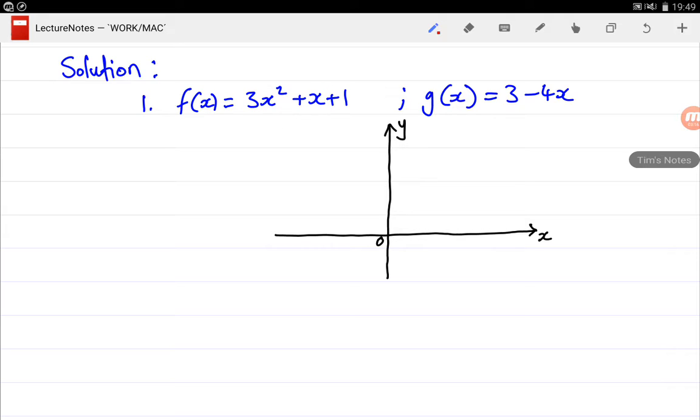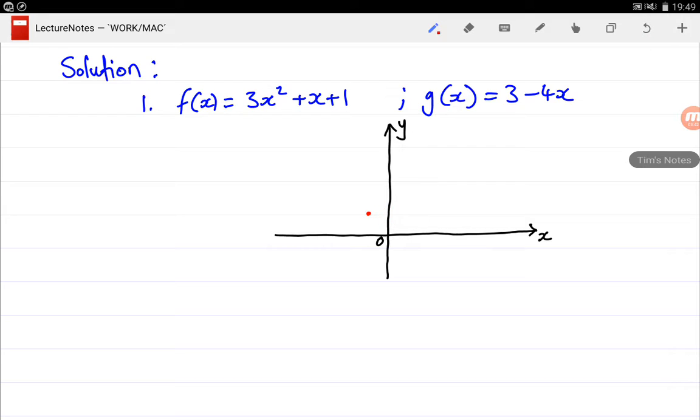For this specific question, the turning point is at minus 1 over 6, 11 over 12. So that's very important. So you just have to know. So it looks something like this.